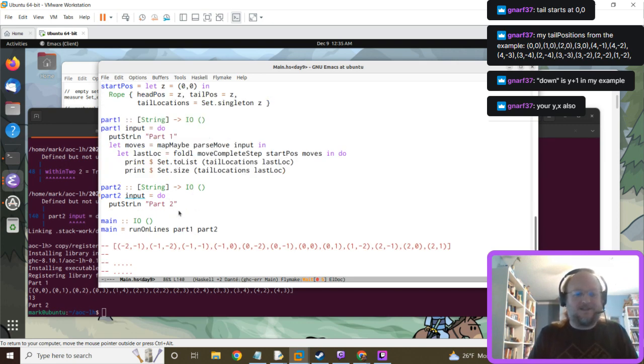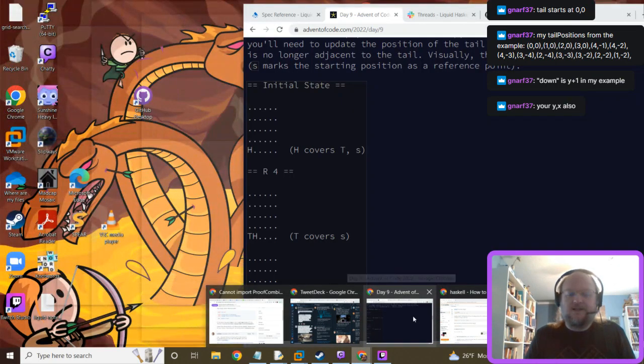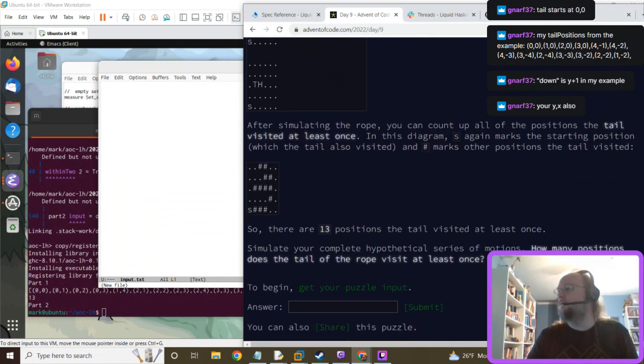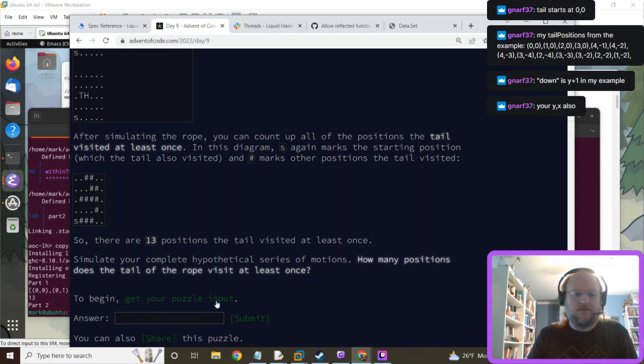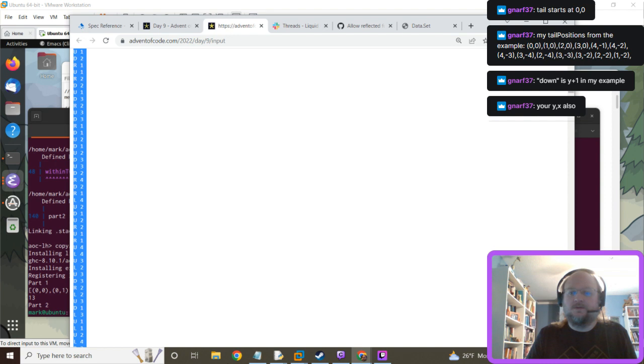All right, let's get our real input. I hope I can copy and paste all this and don't have to get file sharing working between my VM and my desktop. It's intermittent at best.